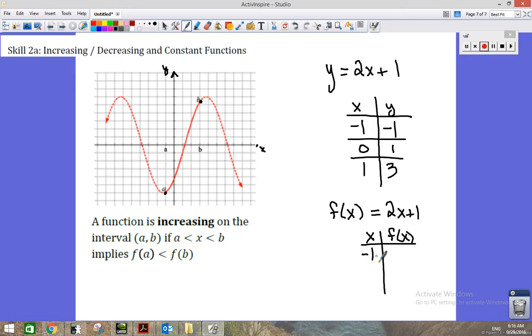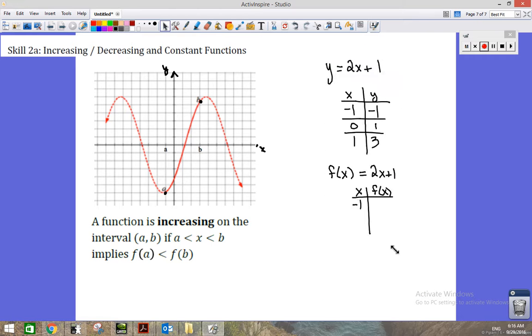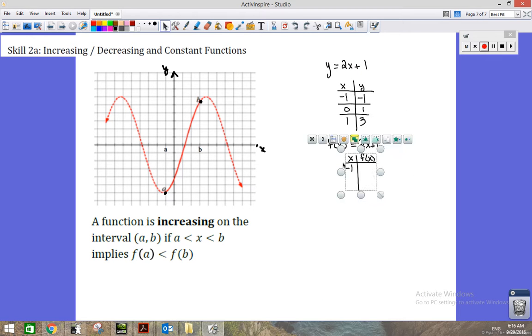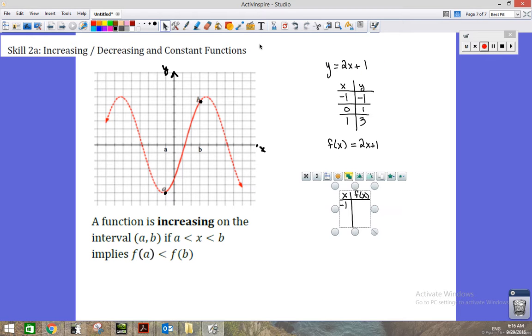And when they substitute in a -1, they indicate that in notation by saying this function evaluated at -1 is equal to 2 times -1 plus 1, which is -1.